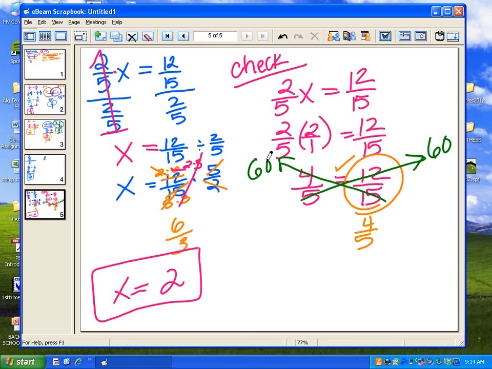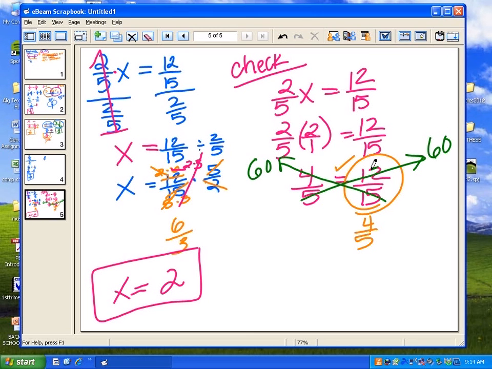Yes. So you can use cross products is what we call this. You multiply in upward diagonals, and they can prove that your fractions are equal. Okay, there's one other way to prove your fractions are equal. So we can reduce them to find out if they're in simplest form. We can use cross products, and there's one other way.